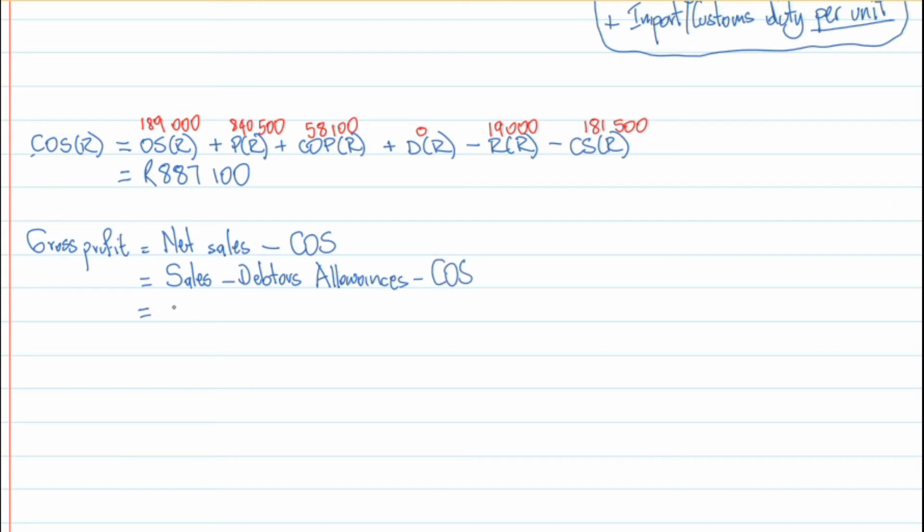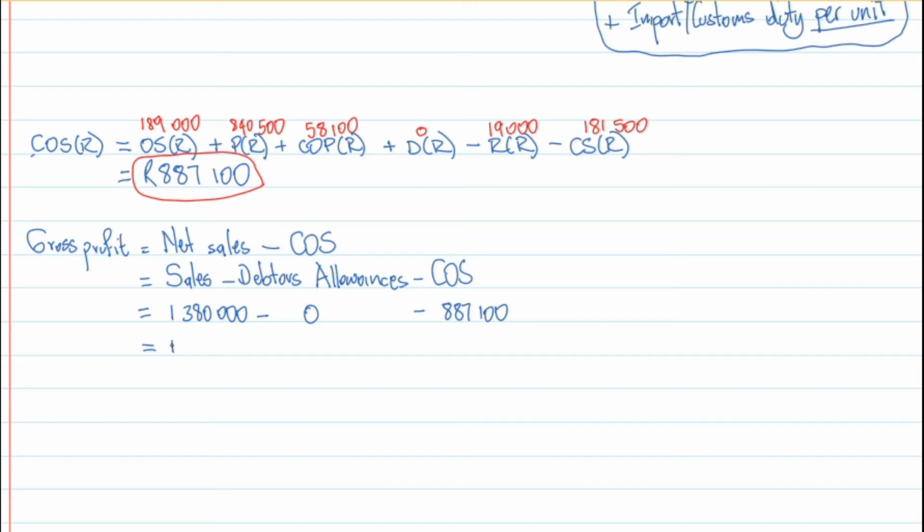Our sales figure is given as 1,380,000 rands. There's no debtors allowances in this question, so that is 0. Our cost of sales, as per our calculation above, is 887,100 rands.